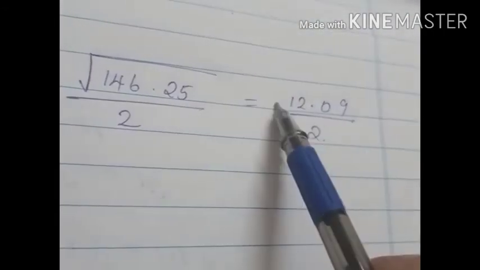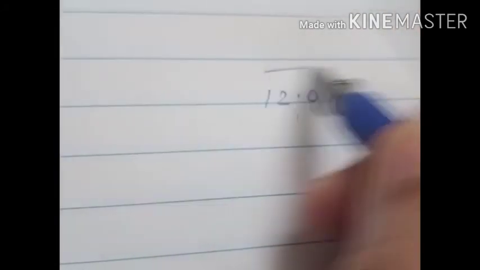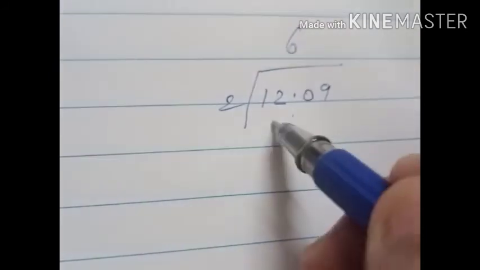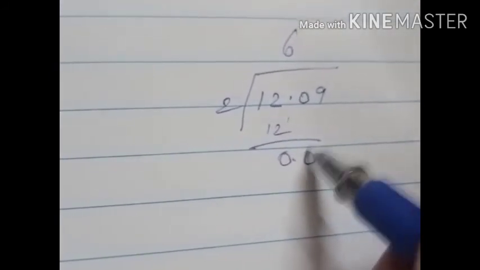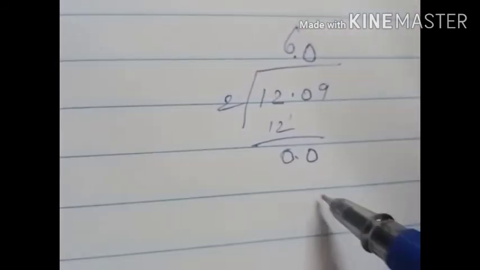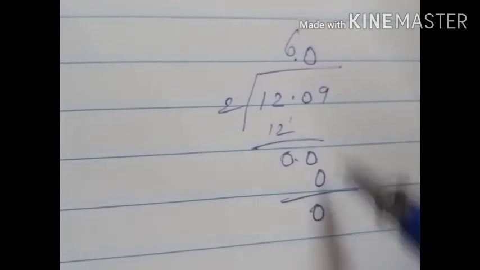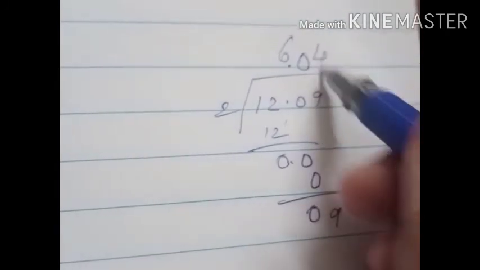So we will get 12.09 divided by 2. That is 6 2s are 12. Then 0, 0 into 2 is 0, then 9, 4 2s are 8, then 1, 0, 5 2s are 10.